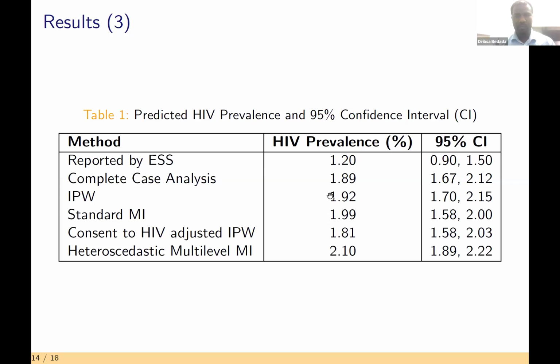So we assume the other approaches underestimated the overall HIV prevalence using the data of the 2016 Ethiopian Demographic Health Survey, because almost all the other approaches do not take into account the survey weights. And in the case of, for example, inverse probability weighting, if the imputation model is misspecified, with this approach, we can end up with invalid inferences.